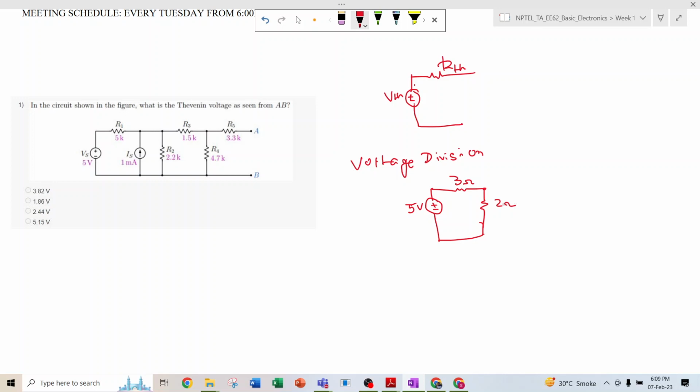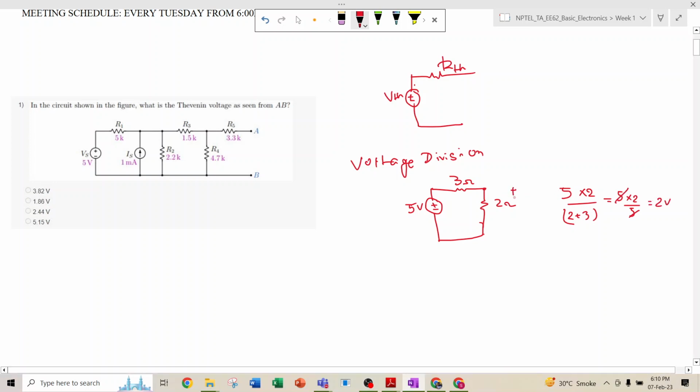So what is the voltage across 2 ohm? That we can find like 5 into 2 divided by 2 plus 3. That means this voltage multiplied with this resistance divided by the total resistance, that is 3 plus 2.